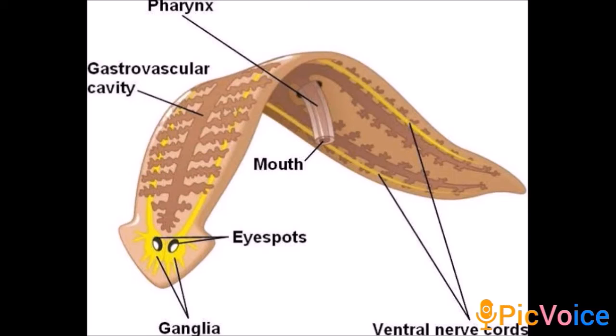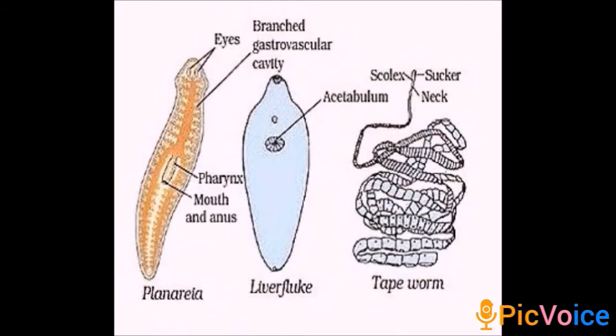Endoparasites means they live inside a host organism, that is, it may be a plant or animal. Inside the body of the plant or animal only these worms will survive, and usually they are found in animals, for example human beings, any animal it may be, or any plants. Those are called endoparasites.